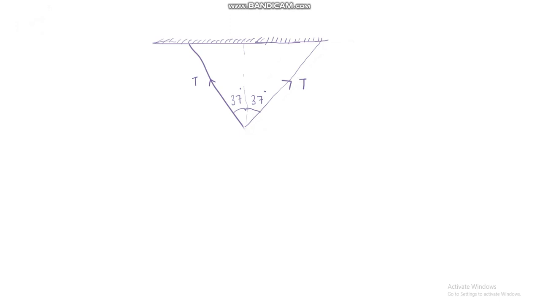Today we'll discuss Newton's second law of motion, some numericals, and some new concepts. First we'll take this example, where a mass m is given and we have to find the tension. Towards the right, the component of the tension is T sin 37, and towards the left it is also T sin 37.